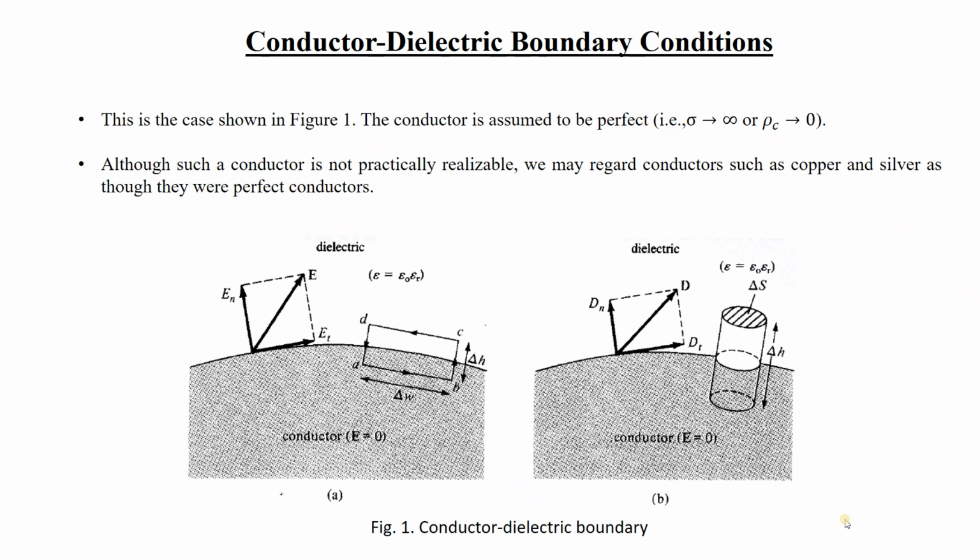In the conductor dielectric case, the first medium is the dielectric medium, and the second medium is the conductor. And as we have discussed, the electric field intensity of the conductor medium is 0.